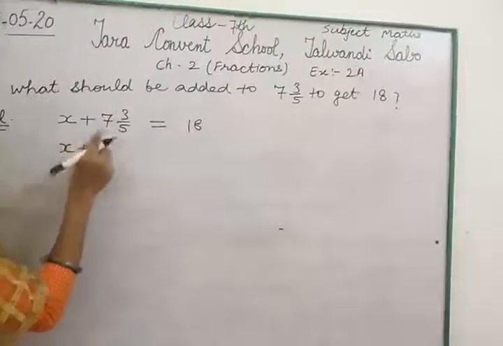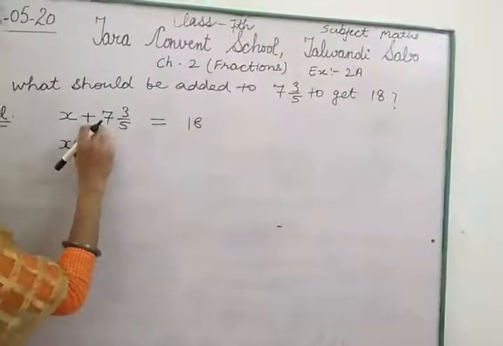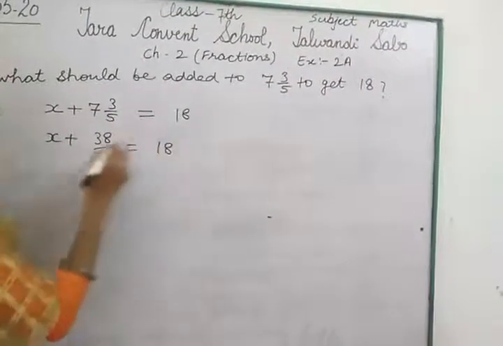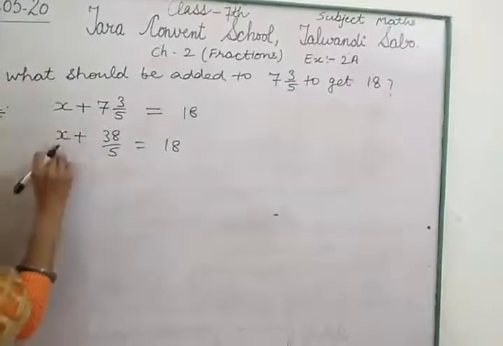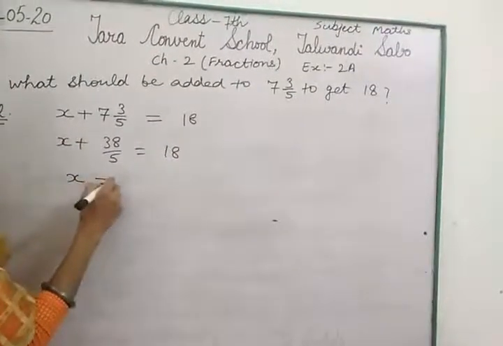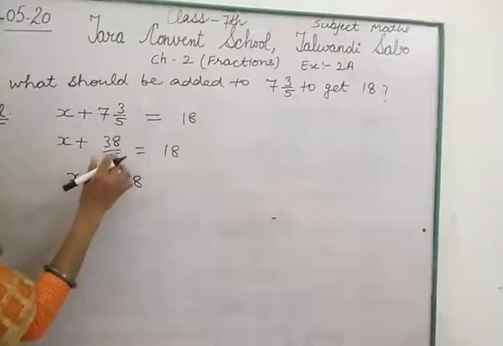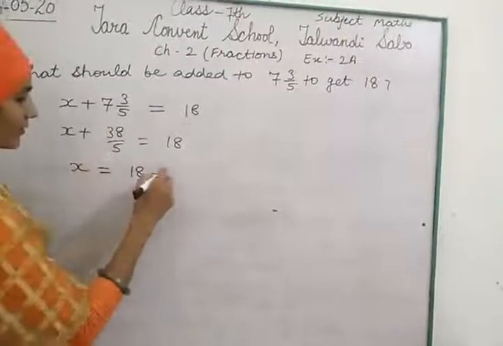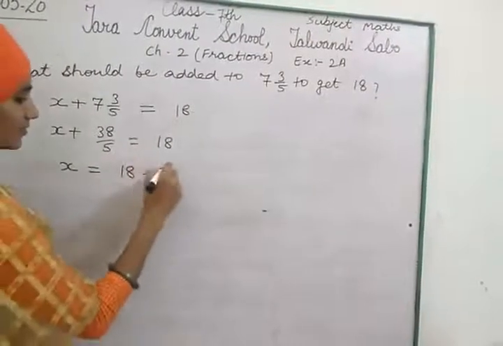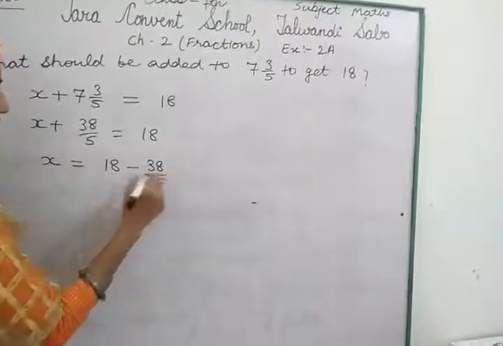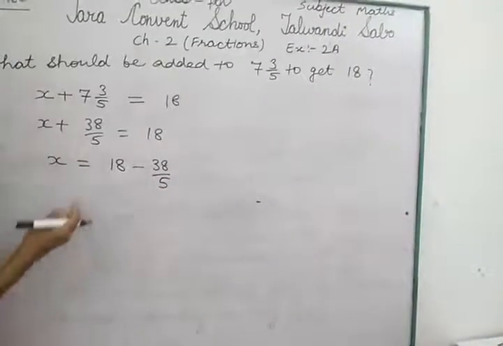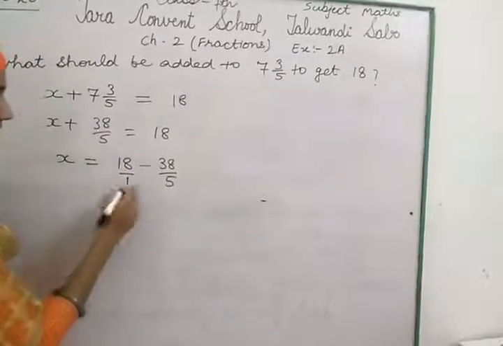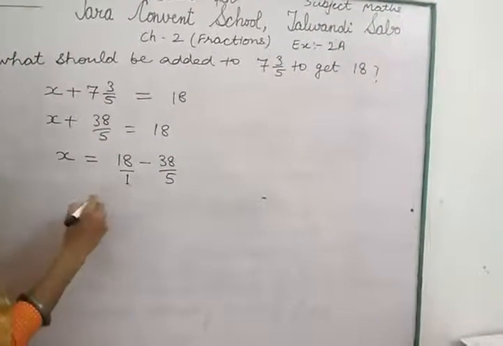Now change this mixed fraction into simple fraction. 7 times 5 is 35, 35 plus 3, 38/5. So x plus 38/5 is equal to 18. Now we have to find out the value of x. x is equal to 18 minus 38/5; it is plus on this side, and when we take it to the other side, it becomes minus. Now 18 is a simple number, so we can make it a fraction by placing 1 in its denominator.